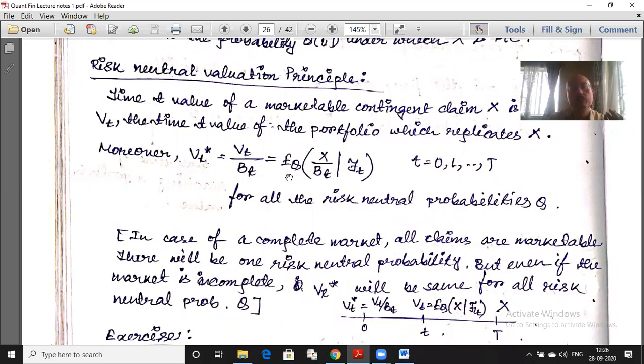Now this has to be true for each time period from 0 up to capital T. Is the risk neutral valuation principle clear? We have to think about it more because a few new definitions have come in, but the essence of the result is the same as the single period market result extended to multi-periods. Is the basic idea of the principle clear?